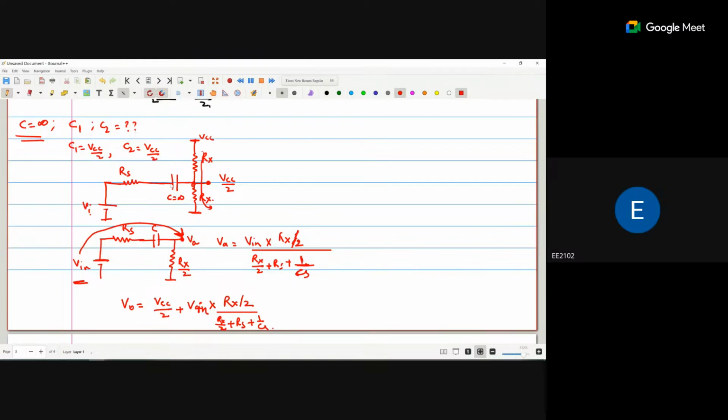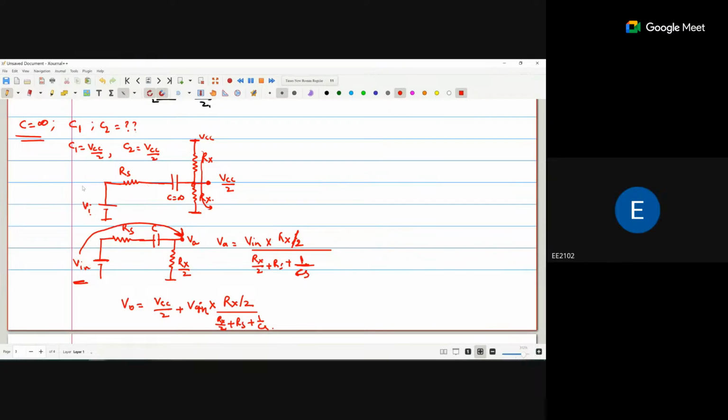How can you calculate the time constant? If we know the value of RC, how do we calculate the time constant?